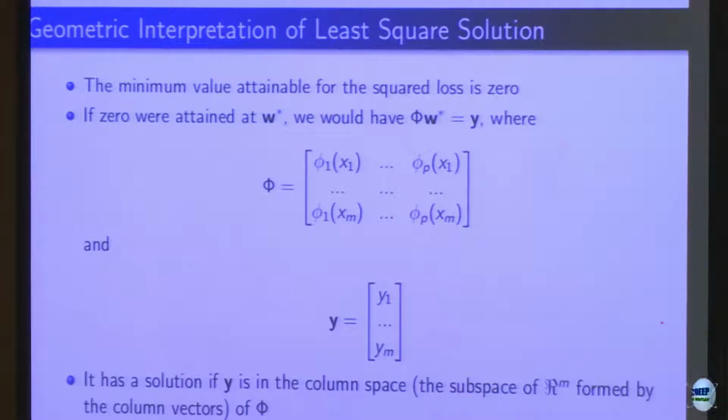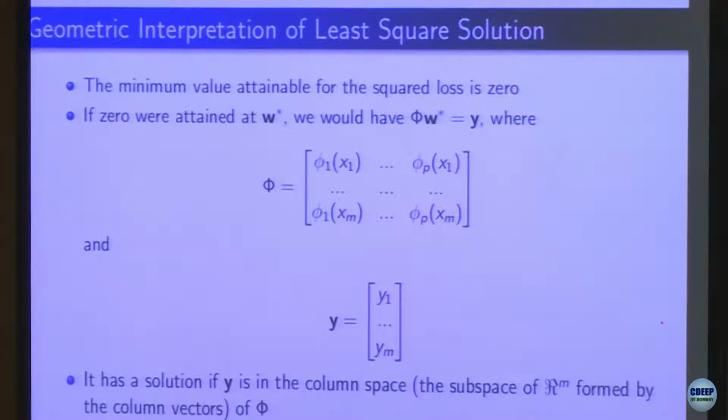We'll consider two cases. If the error is 0 at W star, you minimize it and actually make it 0. Obviously, it cannot be negative. Then what can I say?